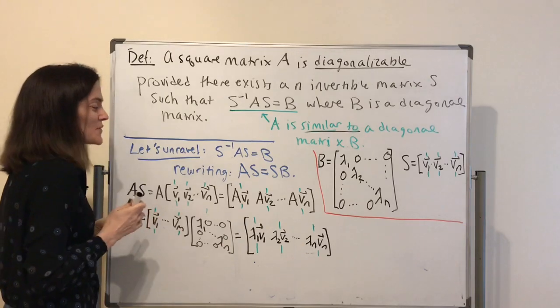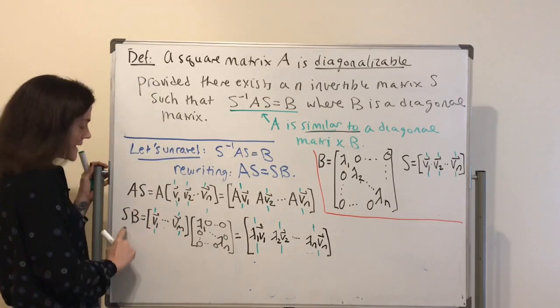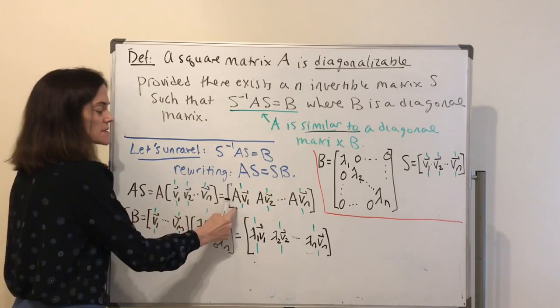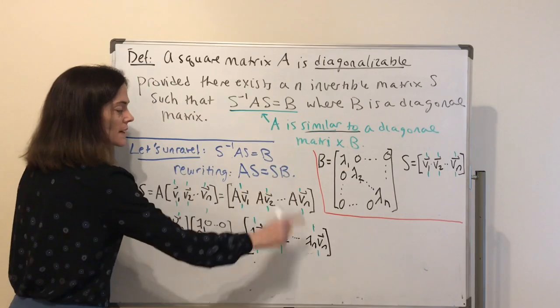The reason I want to look at it like this is because now, if this equals this, then this column equals this column equals this column, and so on and so forth.